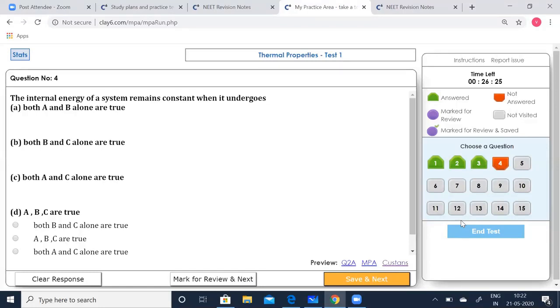So now coming to the fourth question, which is theoretical. The internal energy of a system remains constant when it undergoes... actually this question is incomplete.